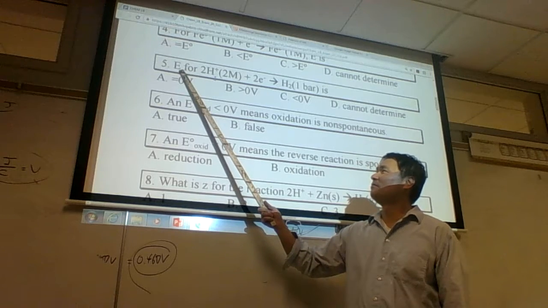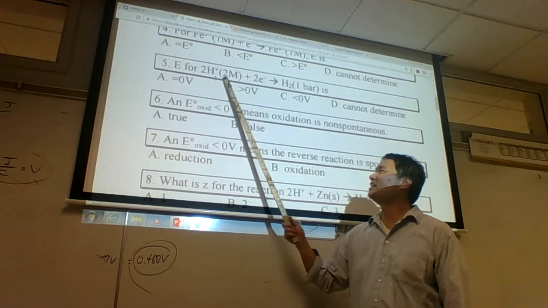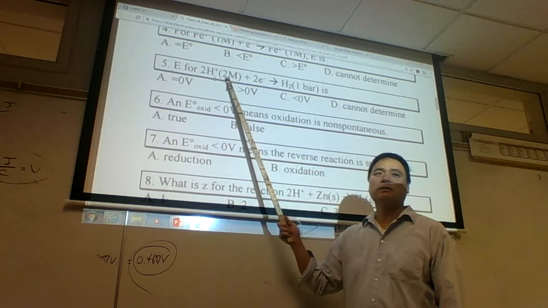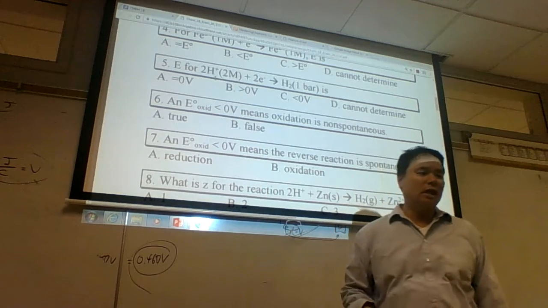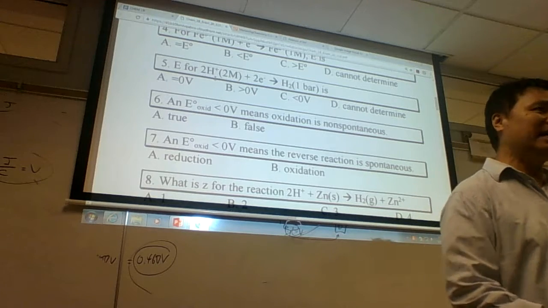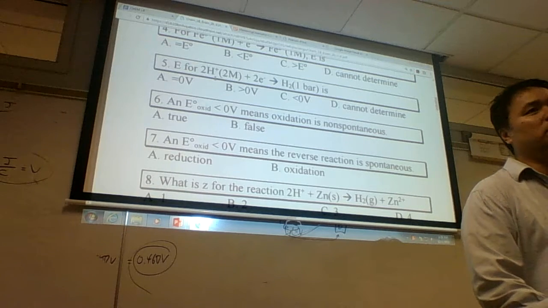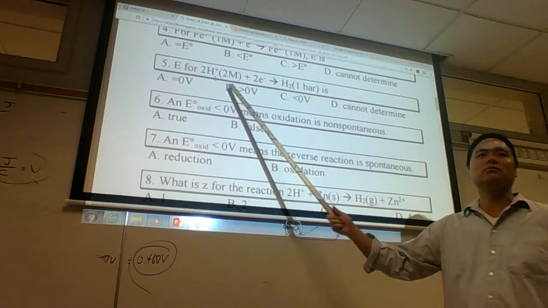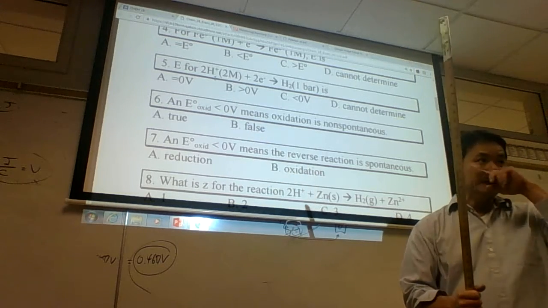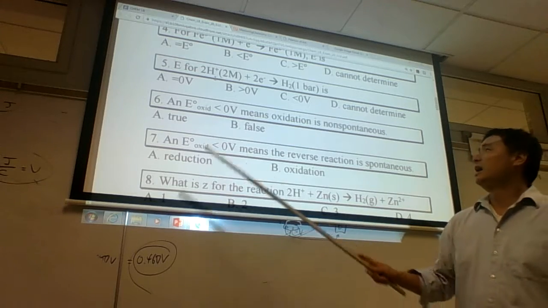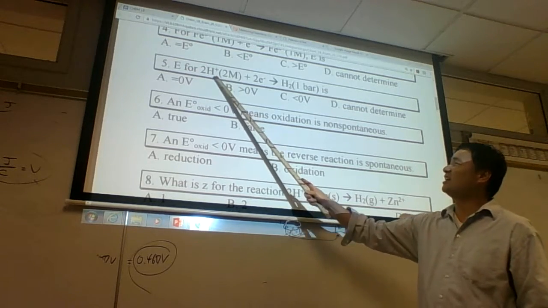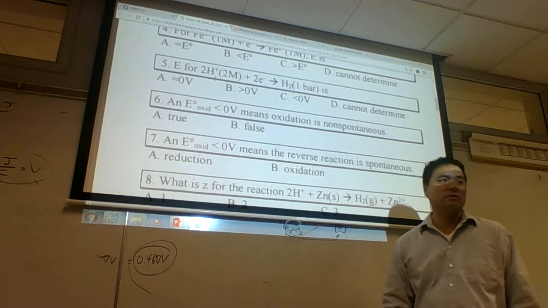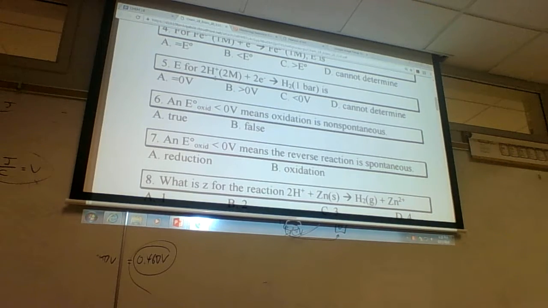If I change this to 1 molar, then I'm right. Because the definition of that arbitrary 0 is not for any H plus, it's for H plus under standard conditions. If all of a sudden I double the concentration, what's going to happen to the pulling power? It's going to go up, right? And so the correct answer is B. It should have greater than 0 volts reduction potential.